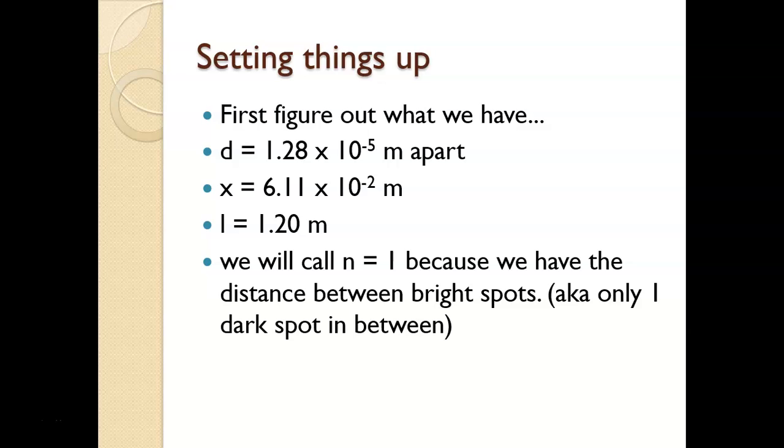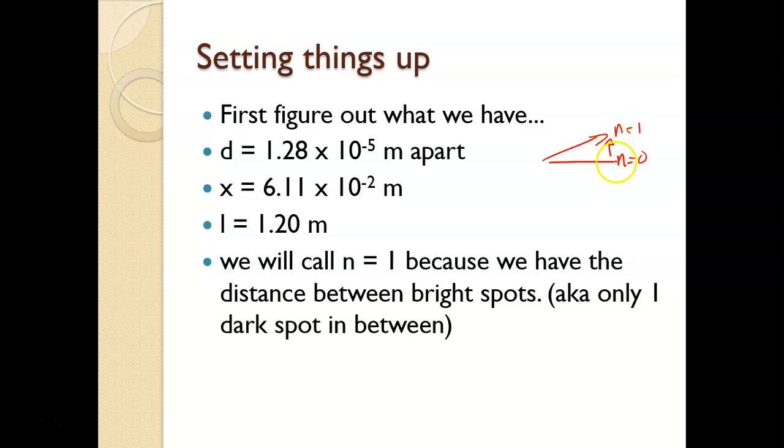Now we're going to call n equal to 1. And the reason for that is n is equal to 0, n is equal to 1 here. First of all, it's going to be the smallest distance.